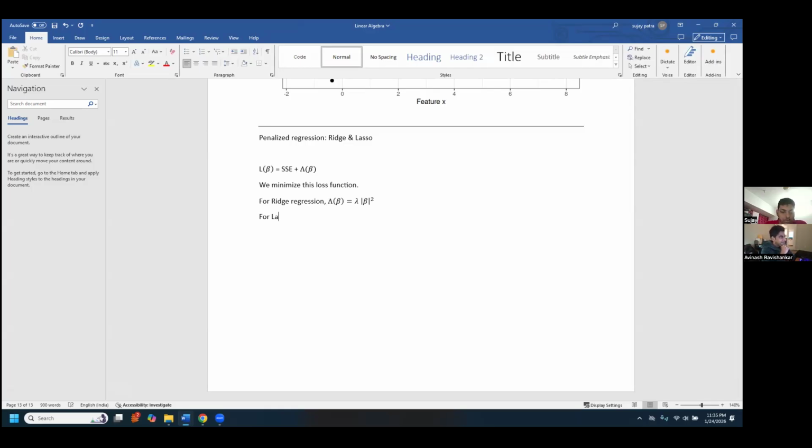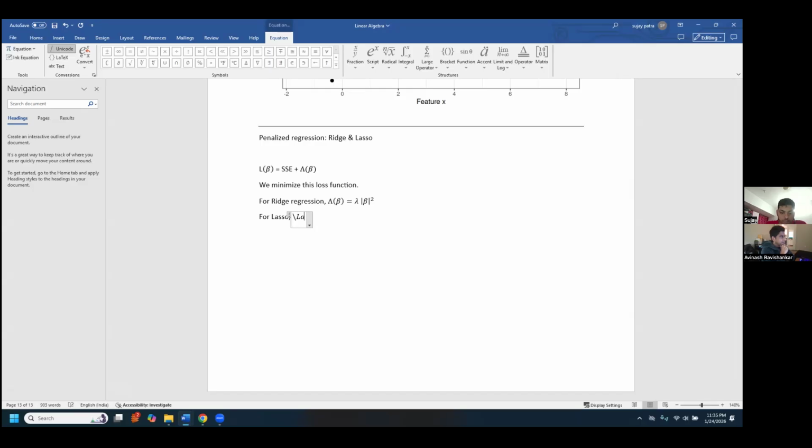And for lasso, the penalty of beta is the L1 norm.